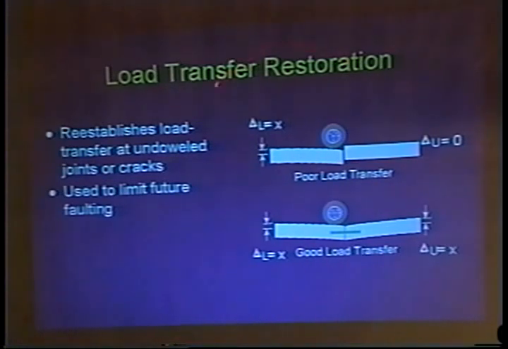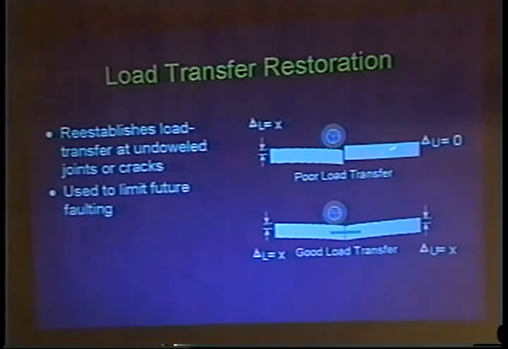Load transfer restoration, this is what I talked about. If you have two slabs, and you have a joint between them, as the heavy truck loading comes across, eventually if you don't get that aggregate interlock or something like that to hold, you don't get transfer across that joint.